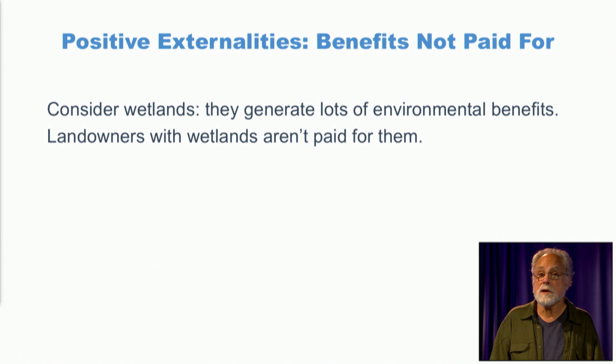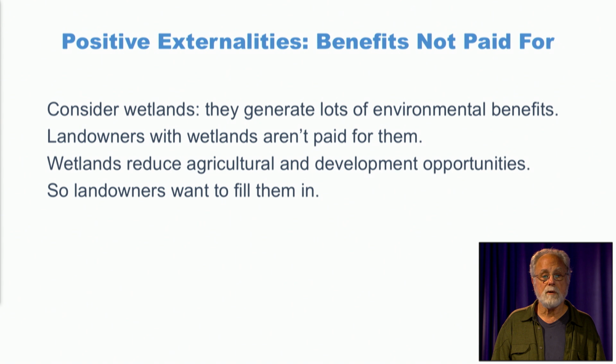They're not paid for the use of that land for wetlands. And of course, there are costs to having a wetland. It means you can't build a house that you might sell to somebody, or you can't grow a crop that you might sell. So there are financial costs, but there's no benefit to leaving the land in the form of a wetland because nobody's paying you for that.